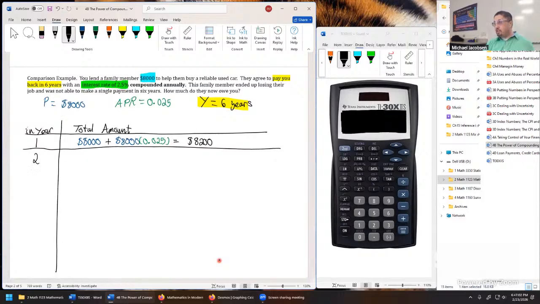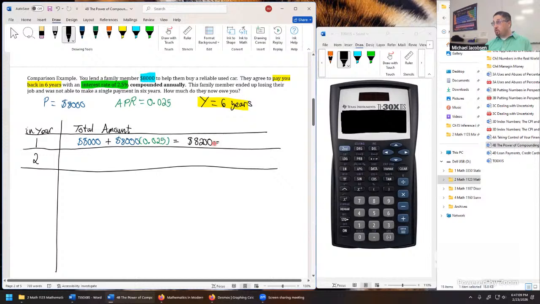So now we're in year 2. The APR hasn't changed, but what has changed is the total amount owed. The principal is still 8,000, but we're charging interest at 2.5% on 8,200 now. So the formula is going to become take the 8,200 plus 8,200 again times 0.025, and that will give us the new amount.